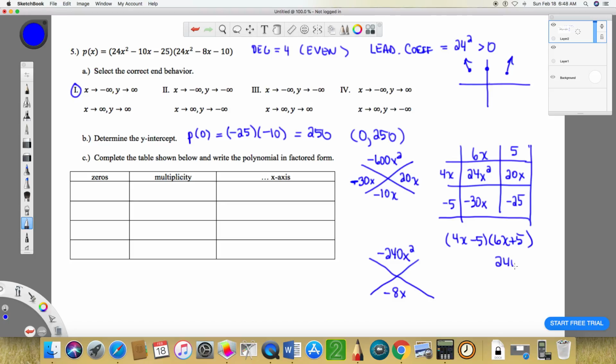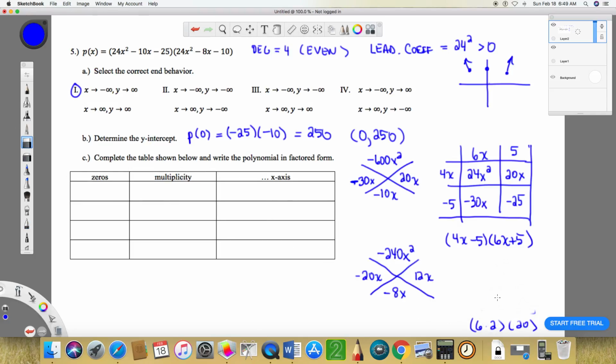If we break down 240, the natural breakdown is 24 and 10, but that's not a difference of 2. There, I see it. 6 times 2 is 12, and 4 times 5 is 20. So if we make the 20 negative and make the 12 positive, all right.